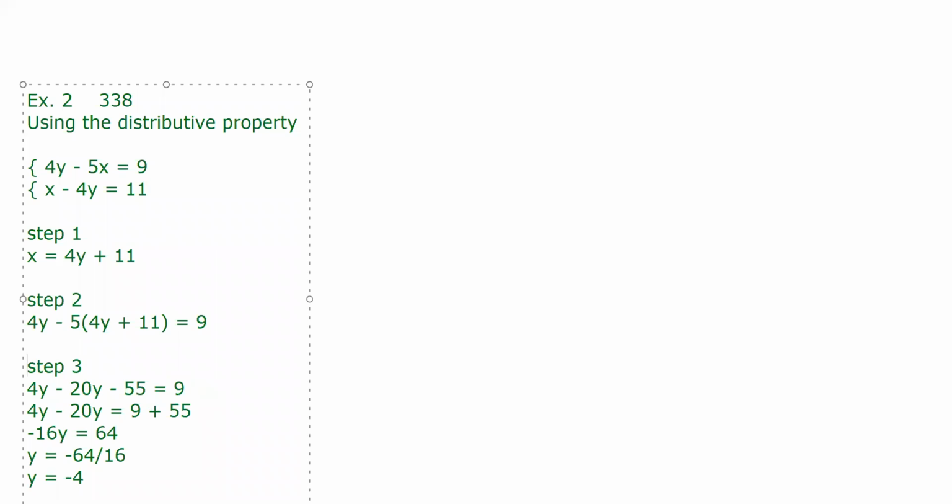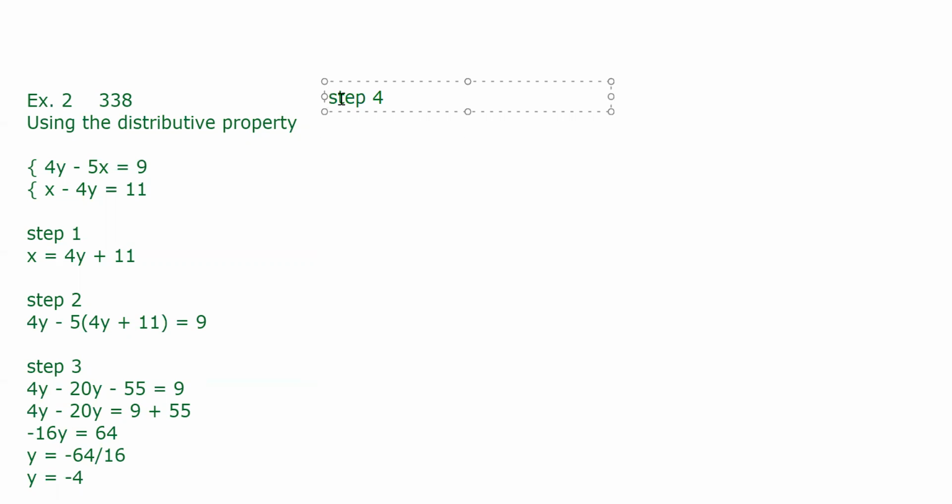Okay, so we obtain the value for the first variable, the variable y, that is -4. And now what we need to do, we need to find the value of the other variable. Using the value I found, I can find the other variable. So in the step 4, we are going to replace the -4.